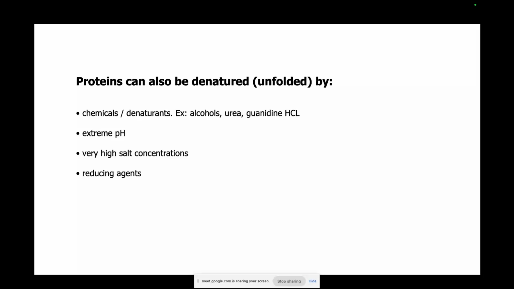If you increase the temperature, in most cases a protein will get denatured, and it will not retain its secondary or tertiary 3D structure, and it is going to go back to the unfolded state. But there are other ways to denature a protein. You can unfold a protein using chemical denaturants, which include alcohols, urea, guanidine hydrochloride, and so on and so forth.